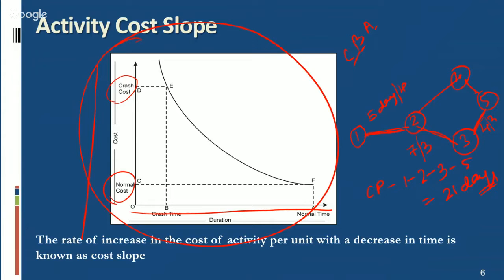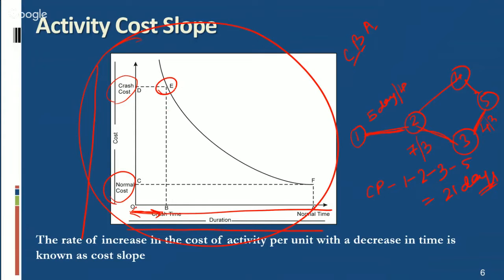Assume that the management wish to reduce the time of completing the job to OB from normal time OA. If management wish to complete its project in OB time instead of OA time, in that case the cost of the project increases and it goes up to OD.